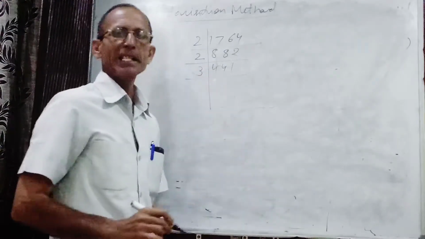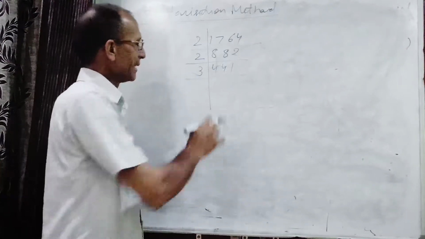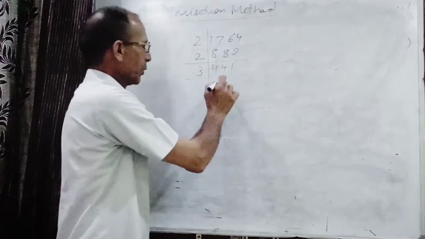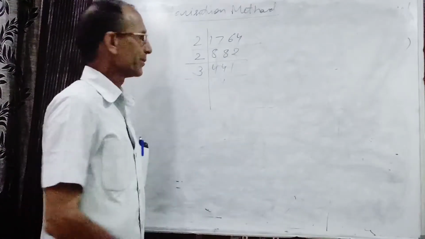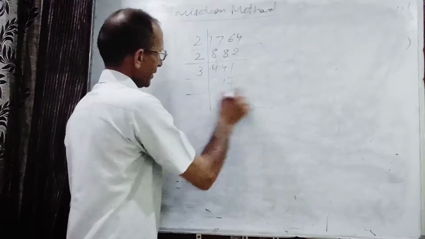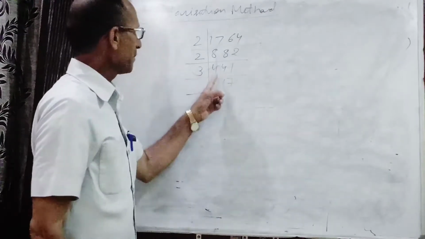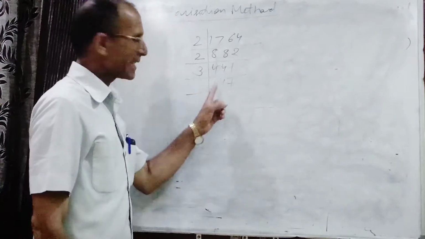So I will divide it by 3. 3 ones are 3. Now 1 and 4, 3 fours are 12. 2 remainder and 1, so 7. After dividing by 3, the result is 147. Again I will check.